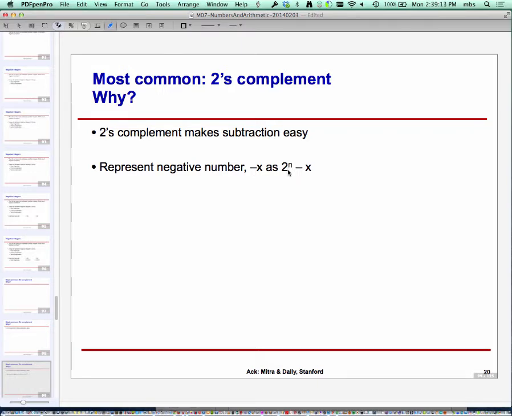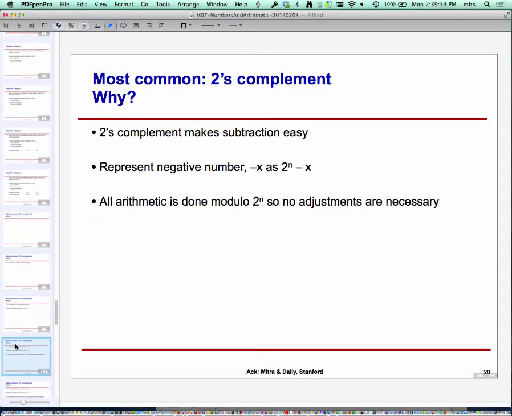So if it's minus 23, I'm going to add 2 to the power n, 32, to it, and that will mean 32 minus 23, which is 9, and I'm going to take the 5-bit representation of 9 and call that a representation for minus 23. So let's see how it works out for some examples.